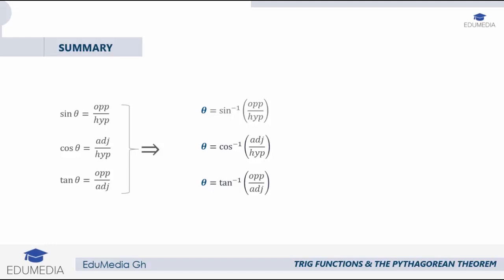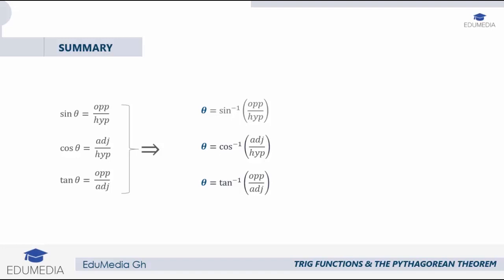So you can have theta equal to sine inverse of opposite divided by hypotenuse, or we can get theta to be cos inverse of adjacent divided by hypotenuse, and tan inverse of opposite divided by adjacent. Mind you, any of these formulas that you use should give you the same value for theta. It shouldn't be different.